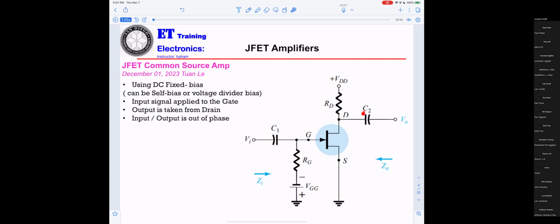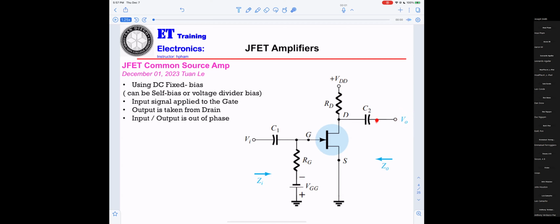Same thing for C2. When you're calculating the DC bias, you can get the VD DC voltage here, and also the signal coming in sideways, at the drain. However, the output here, that goes to the speaker, you don't want any DC.